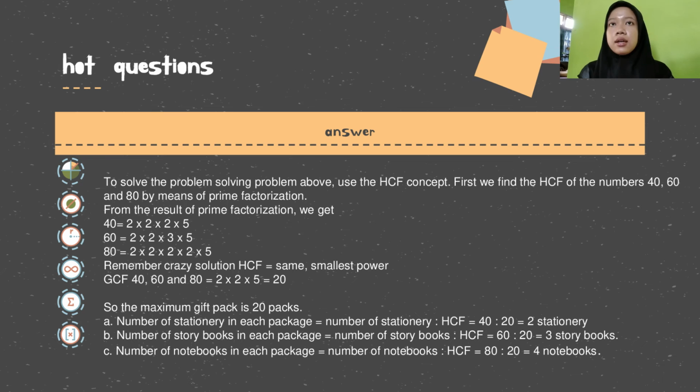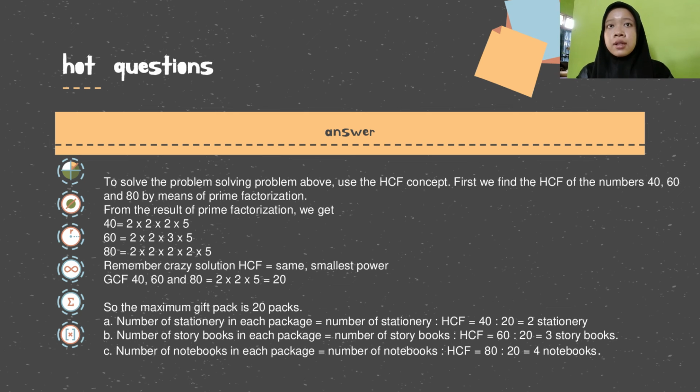And next is the solution. To solve the problem above, use the HCF concept. First, we find the HCF of the numbers 40, 60, and 80 by means of prime factorization. From the result of prime factorization, we get 40 equals 2 × 2 × 2 × 5, 60 equals 2 × 2 × 3 × 5, 80 equals 2 × 2 × 2 × 2 × 5.